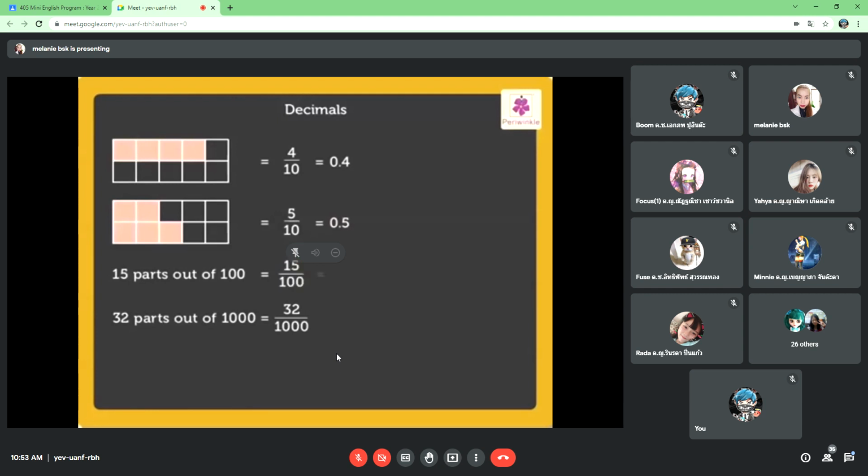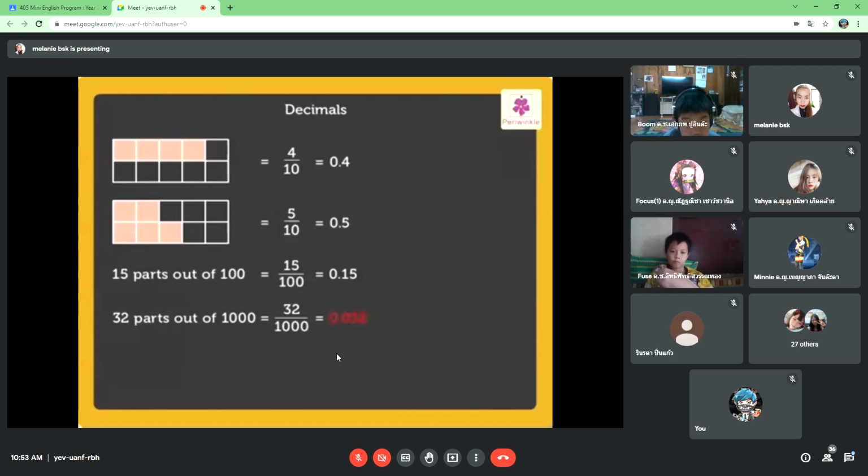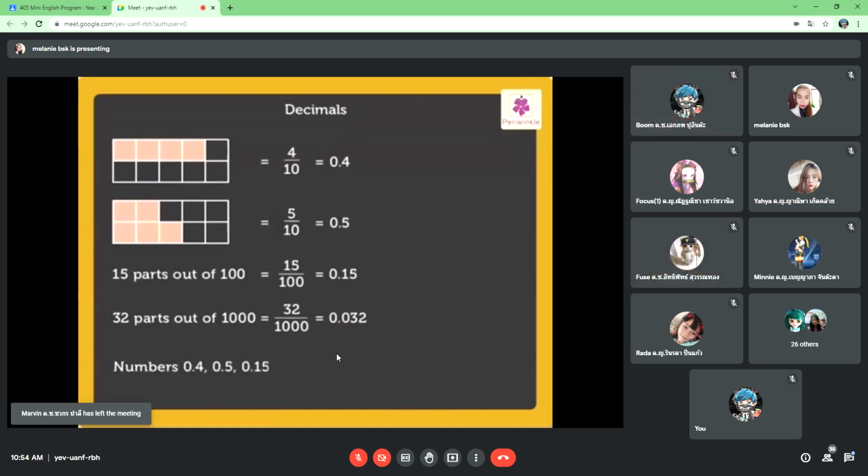Read as 0 and read as 0.15. 32 thousandths, represented as 0, then a point, then a 0, then 3, and lastly 2. It is read as 0.032. These numbers 0.4, 0.5, 0.15 and 0.032 are called decimal numbers or decimals.